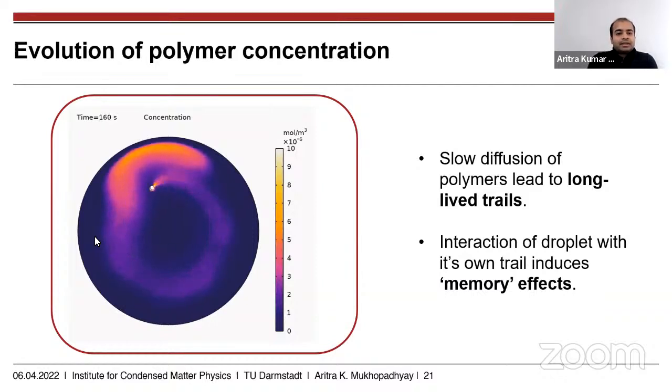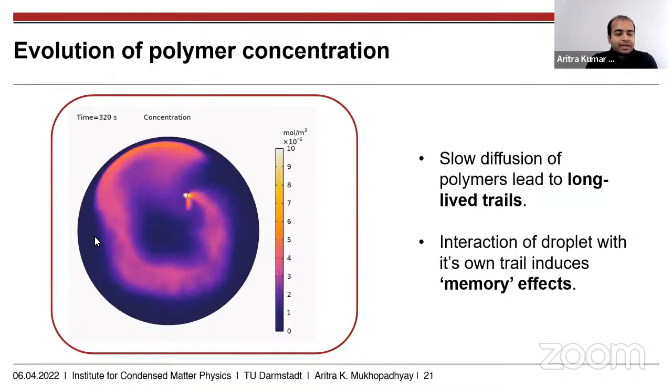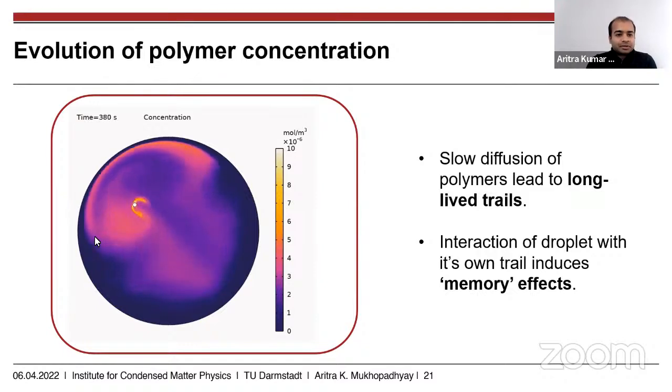You can see that the trail dominates, and at a certain time, there is a portion of the Petri dish along the edges where you see a dominant peak in the chemical composition. As the droplet moves through the Petri dish, you see that the trail takes the form of an annular ring kind of structure. It cannot diffuse because the diffusion coefficient is very small.